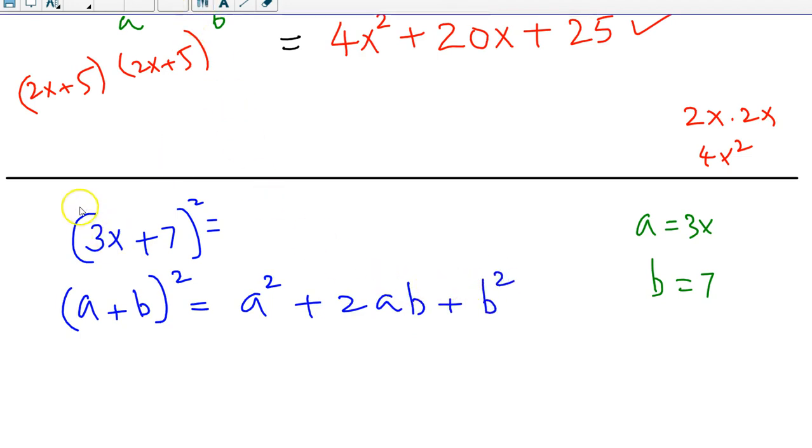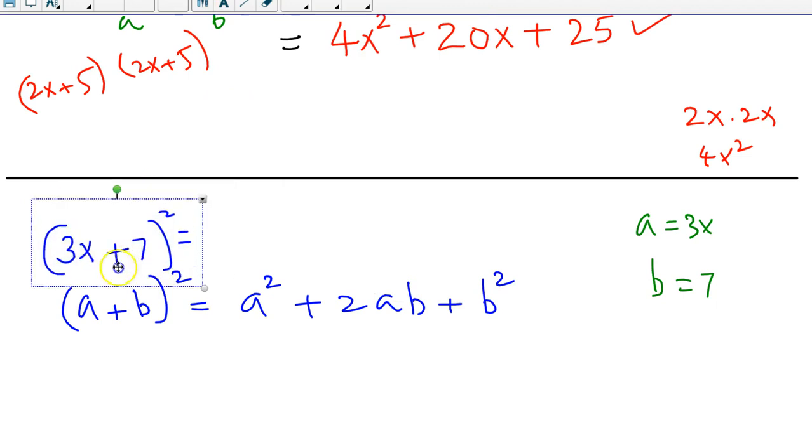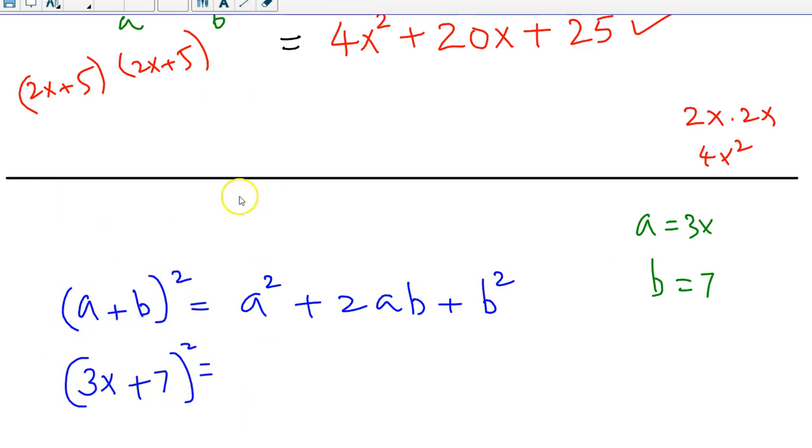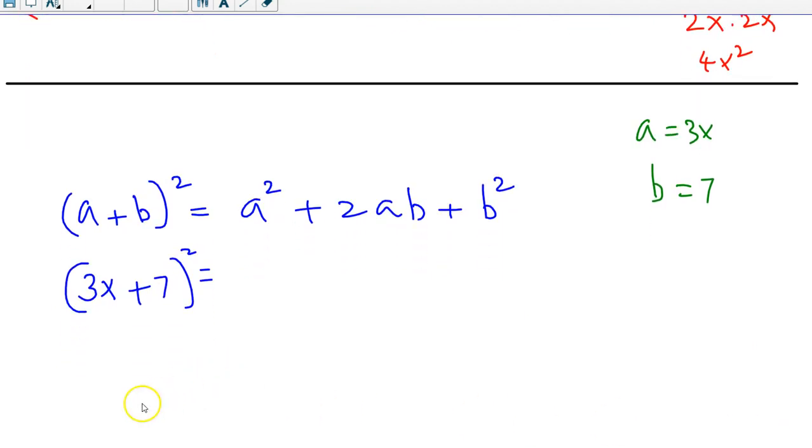Alright, so 3x plus 7 whole square is going to be, your A is replaced by 3x and B is 7.